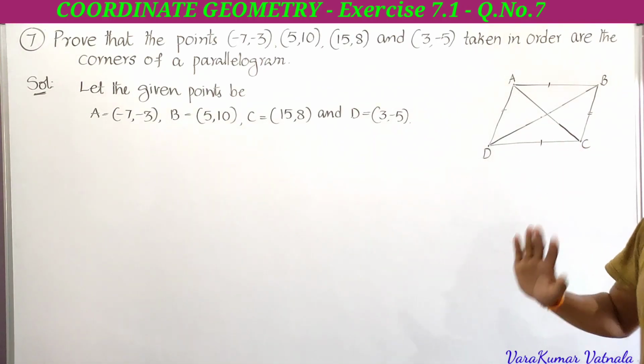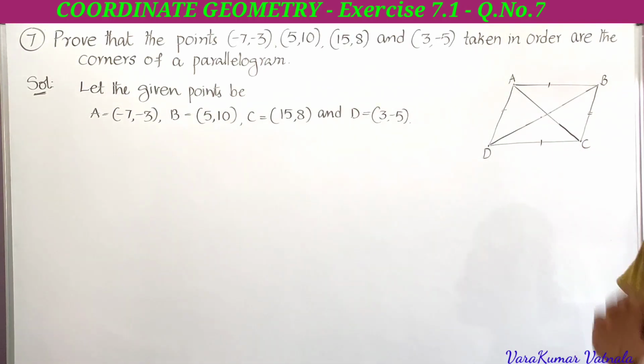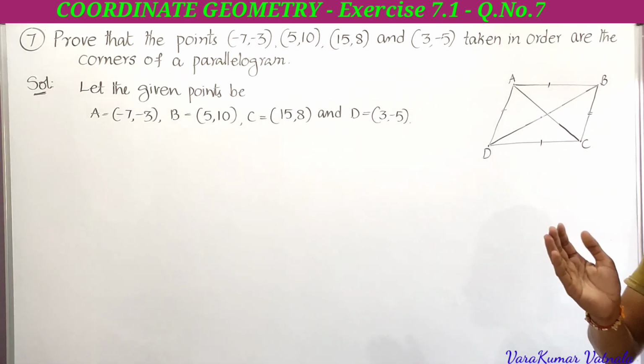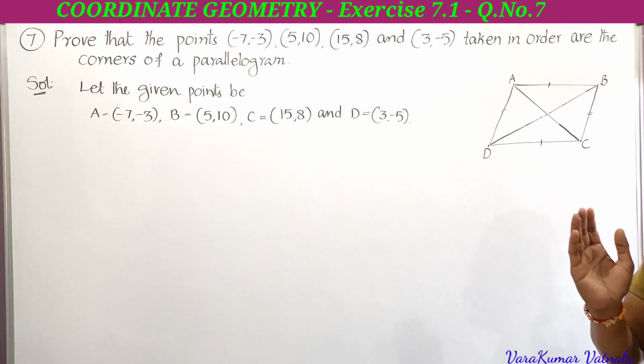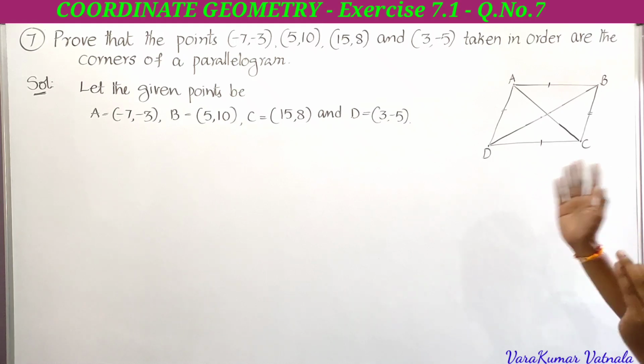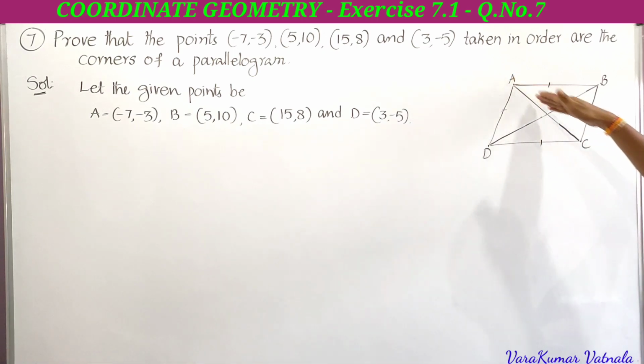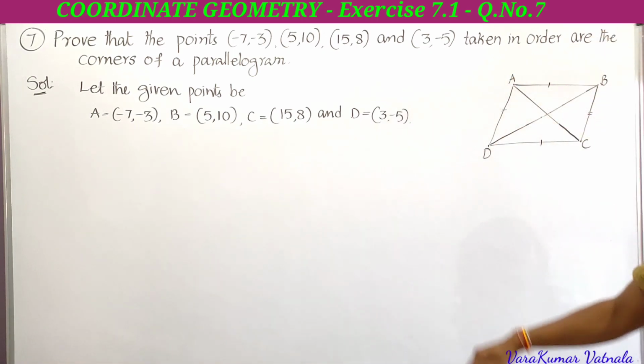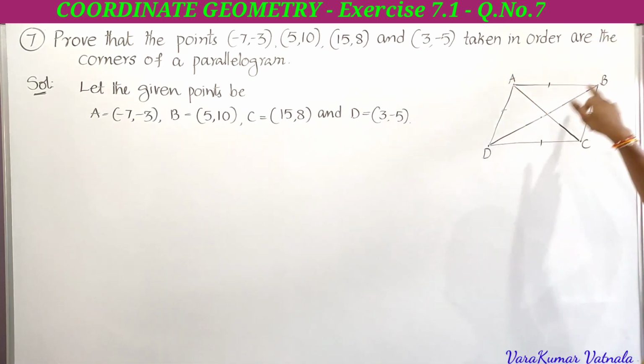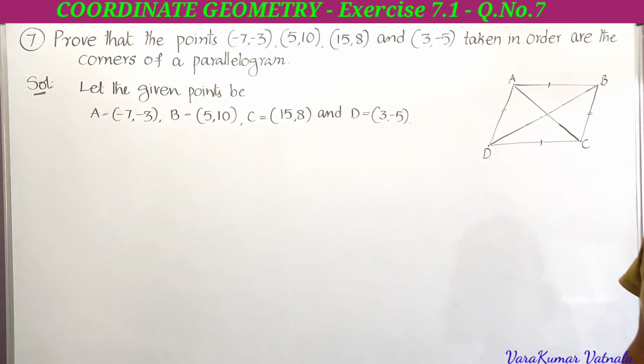In a rectangle also opposite sides are parallel and equal. But how can we differentiate parallelogram and rectangle? To check whether it is a parallelogram or rectangle, we have to find the lengths of the diagonals. Here AC and BD are the two diagonals.